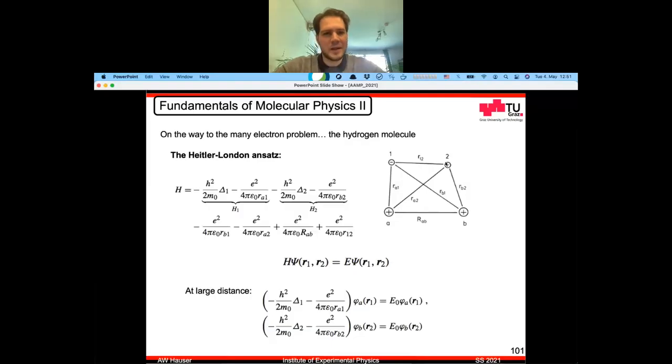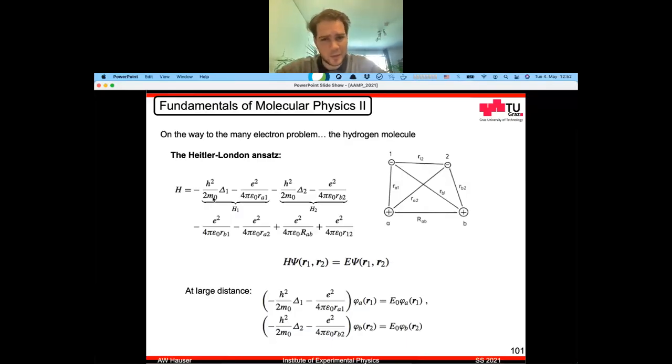How does our Hamiltonian look? Well, we have the kinetic energy parts for the 2 electrons, h bar squared over 2m naught. You can see here, this is all in SI. In principle, on the computer, as I told you already, we are using atomic units, which makes this all much easier to read and reduces the troubles when doing the programming.